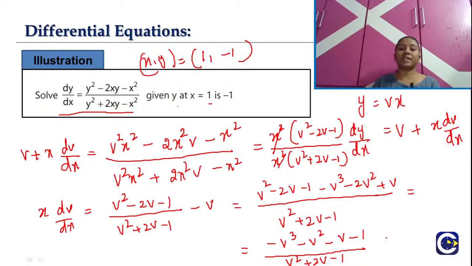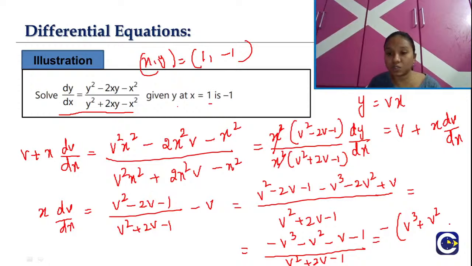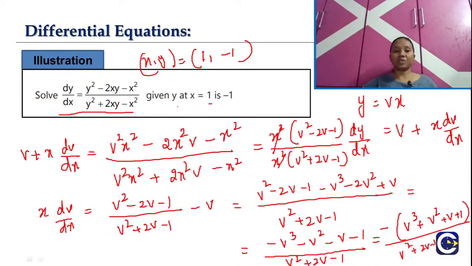Here in the numerator, all the terms have minus, so we can pull out the minus in common and rewrite it as minus of v cube plus v square plus v plus 1, divided by v square plus 2v minus 1. So now we have our differential equation in terms of x as well as v.